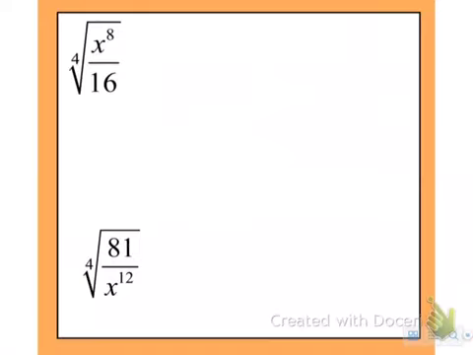Last example. If I want to simplify the fourth root of x to the 8th power over the fourth root of 16, I would use the quotient property and say the fourth root of x to the 8th power over the fourth root of 16. Now remember, you can't put variables in the calculator. So let's rewrite this in exponential form.